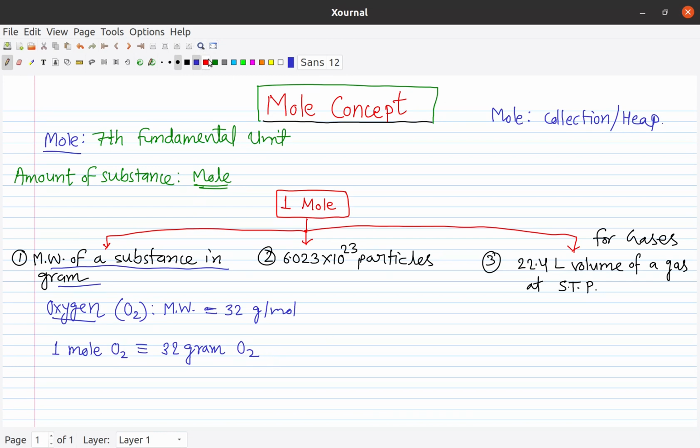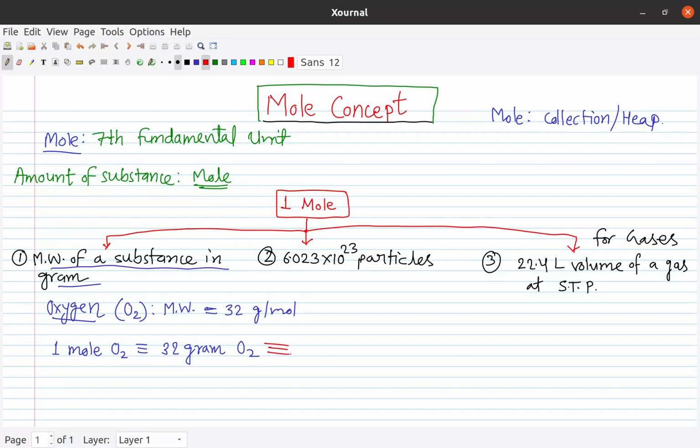Similarly, connect it with the second concept, 6.023 into 10 to the power 23 particles. What is the particle form of oxygen gas? That is the molecular form, right? Because a gas exists in molecular form, not in atomic form. In atomic form it exists during a chemical reaction, but not in the free state. In the free state, substances exist in the form of molecules.